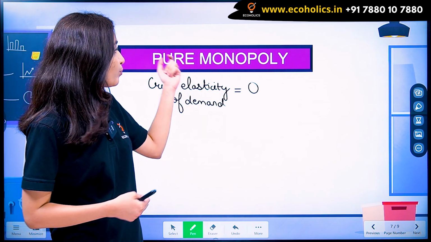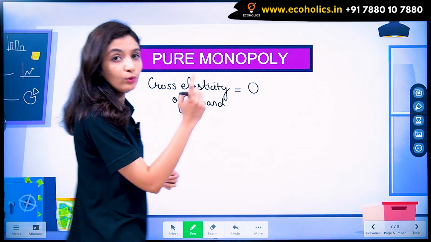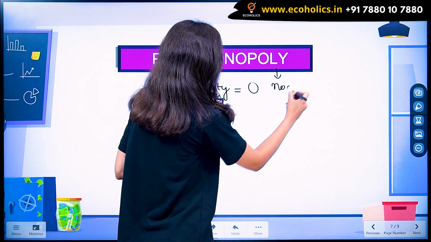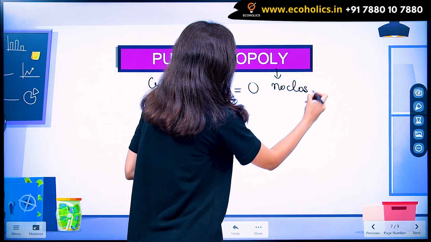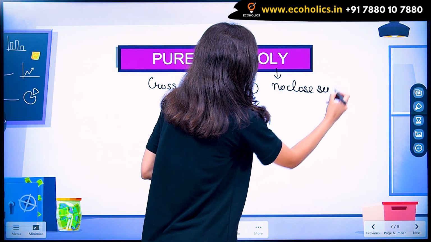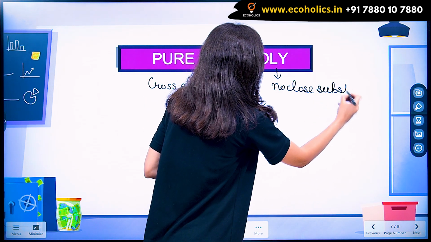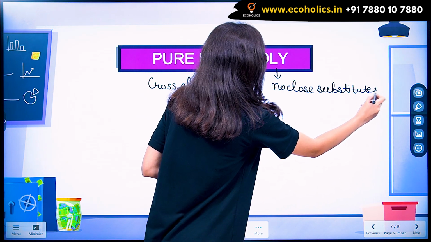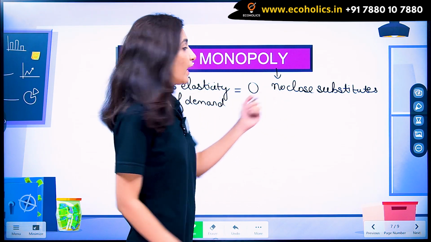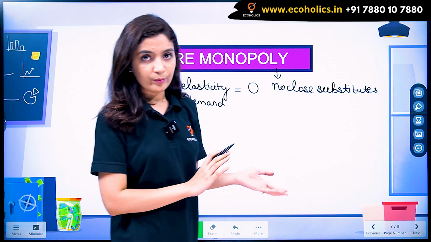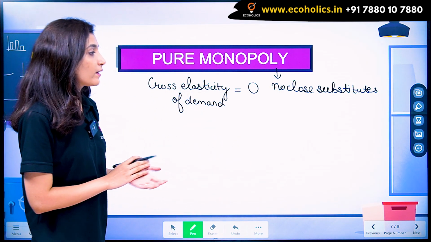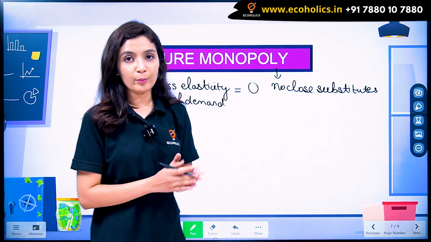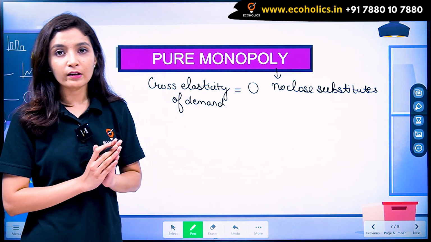In case of pure monopoly, we have no close substitutes. Also, we have a single seller. Therefore, there is going to be no change in the quantity demanded of a monopolist firm.